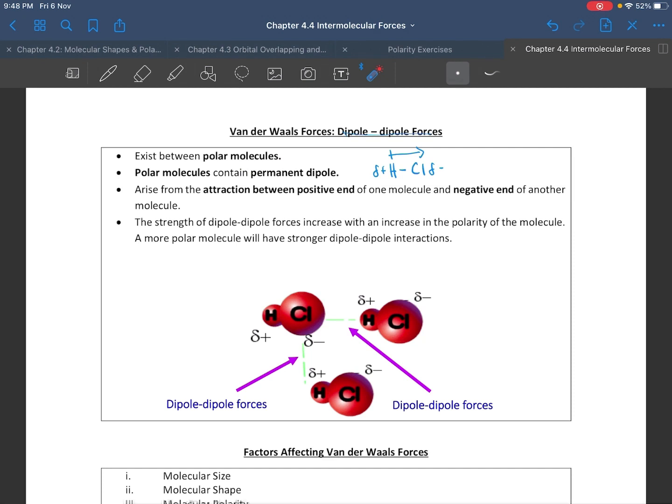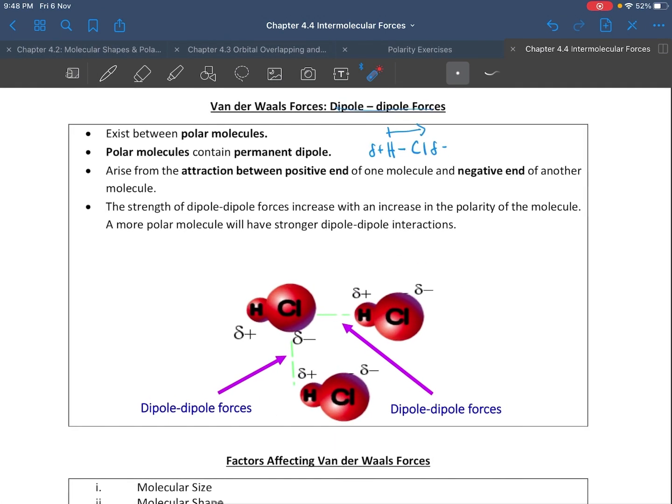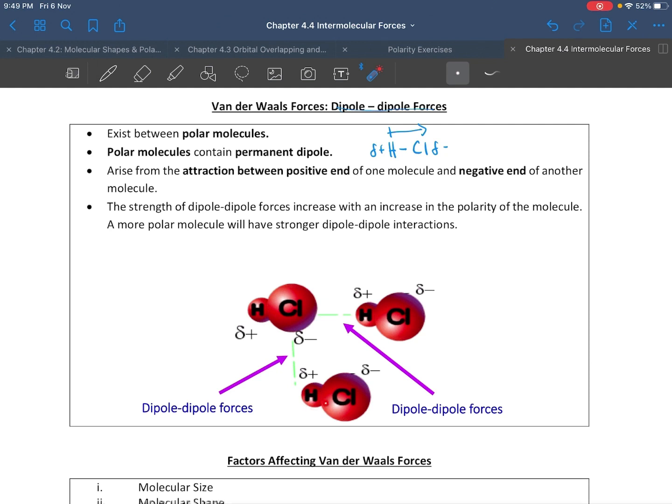Berbeza dengan tadi. Okay, so it arises from the attraction between the positive end of one molecule and the negative end of another molecule. Okay. So, kita boleh tengok bawah ni lah yang paling senang. Okay, so you can just refer to this diagram. So, in this diagram, ada HCl molecule, and another HCl molecule. So, H dengan Cl, H is partially positive, Cl is partially negative. So, this HCl molecule sama juga.